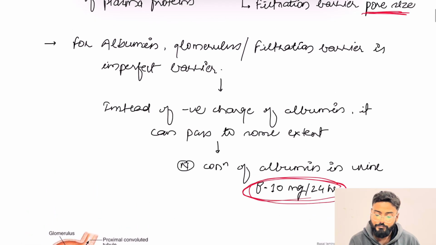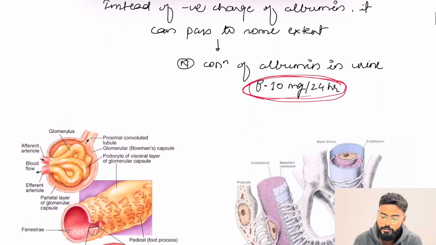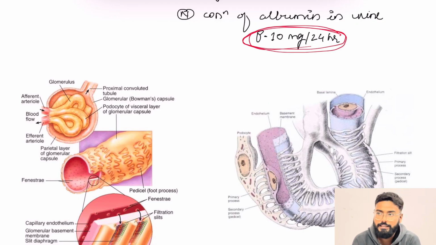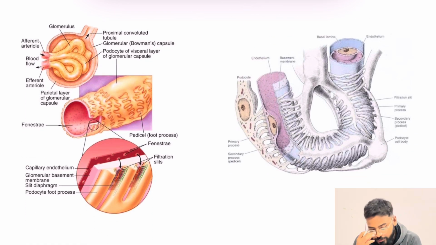This is why you can see albumin even in normal physiological conditions. Now through these pictures, we can really appreciate how the podocytes actually look. If you have these pictures embedded inside your mind and you know the ultrastructure, how these structures look, it will be a lot easier for you to interpret the functions that they are going to carry out further.